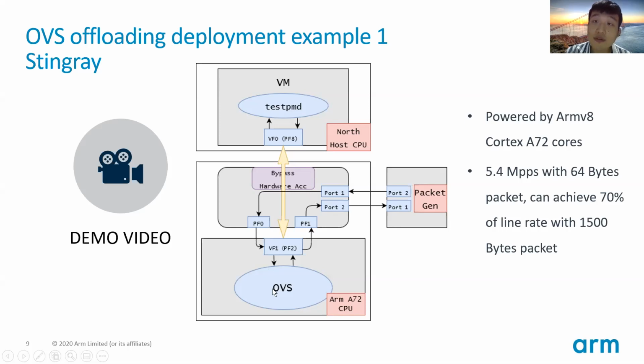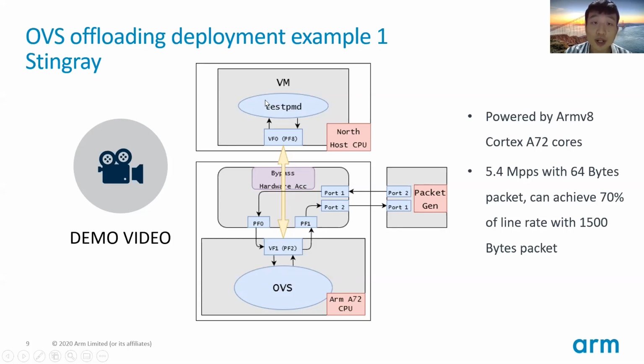When the OVS process on the SmartNIC receives the packets, according to the OpenFlow rule, the OVS process will forward all the traffic to the virtual machine through the SR-IOV interface. But in this demo, we will bypass the hardware acceleration function to verify the pure software solution for OVS offloading.